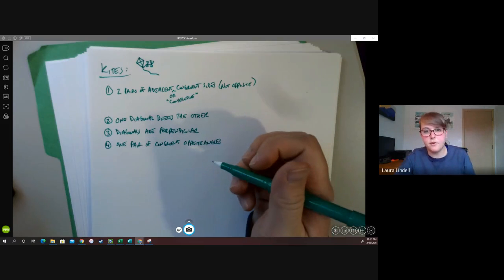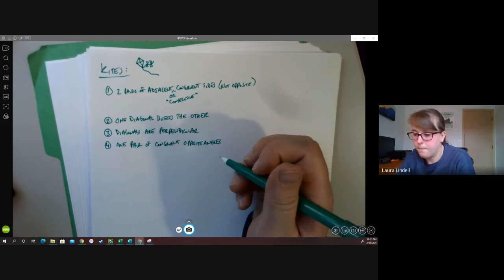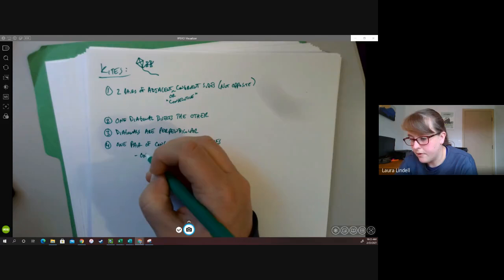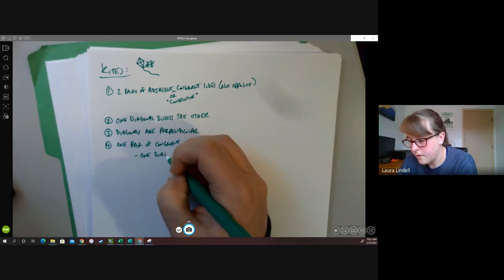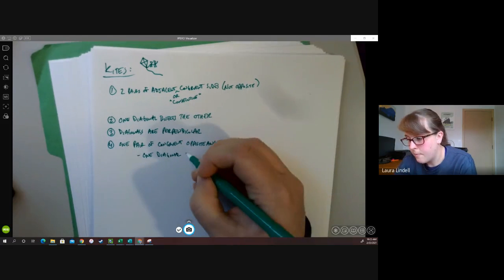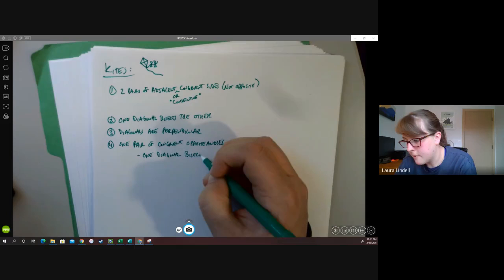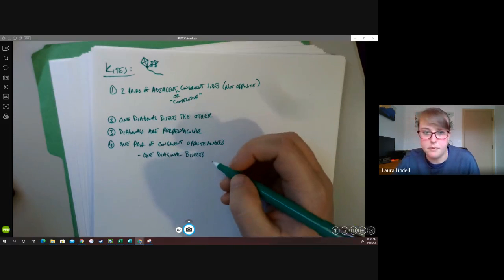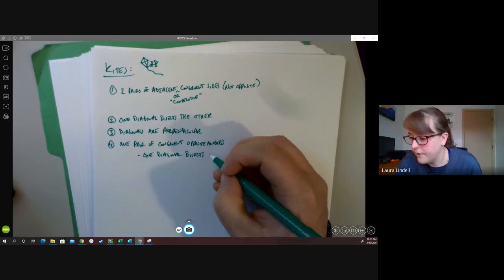Also, kind of a side note to that, one diagonal bisects the pair of angles that are not congruent.